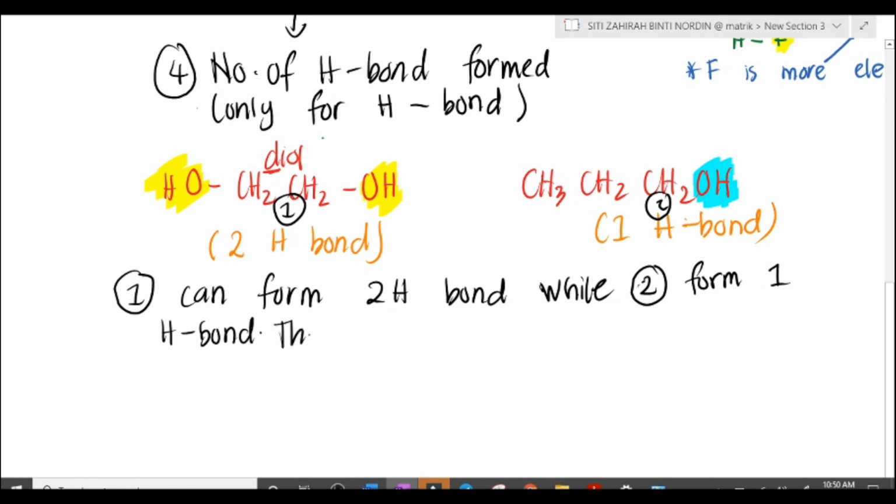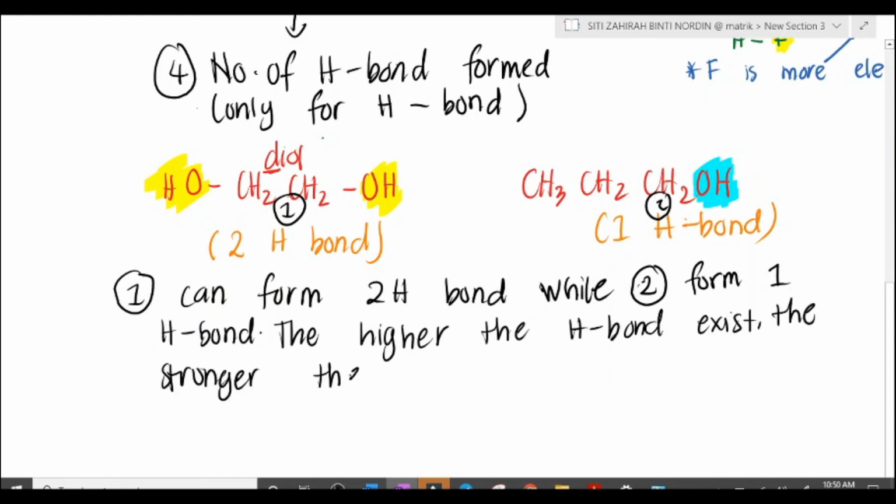The more hydrogen bonds exist, the stronger the intermolecular forces. So add on this fourth factor, but please remember that it is applicable only for hydrogen bond.